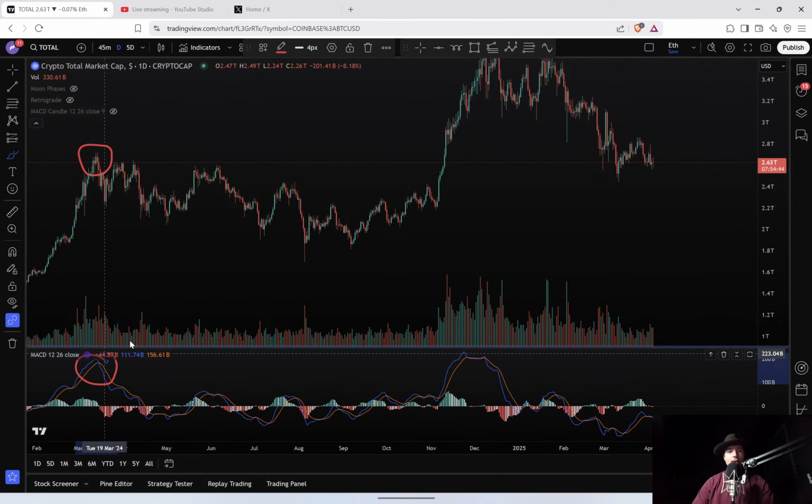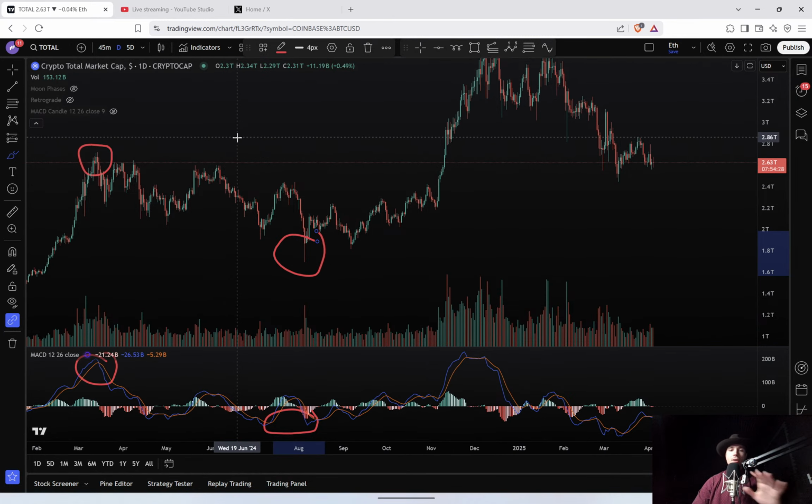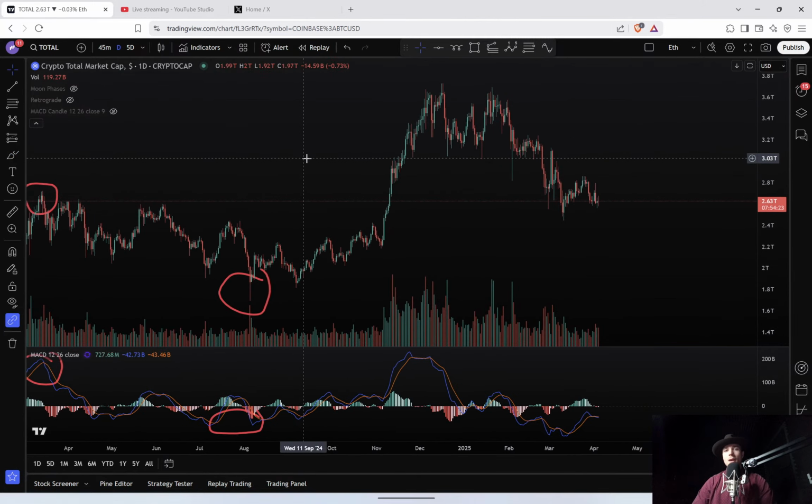As you can see, the market was overbought right here and a huge sell-off had to happen. Then the market was oversold and a huge pump came right after, right? So this indicator works really good for finding local lows and local peaks to determine whether it's a good place to be buying or a good place to be selling.